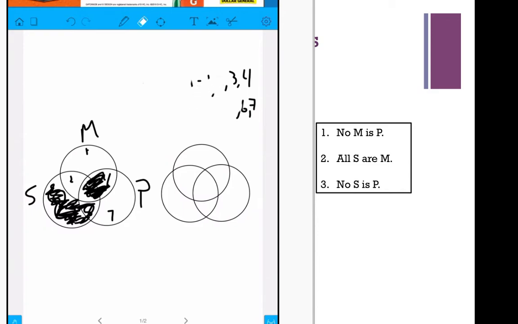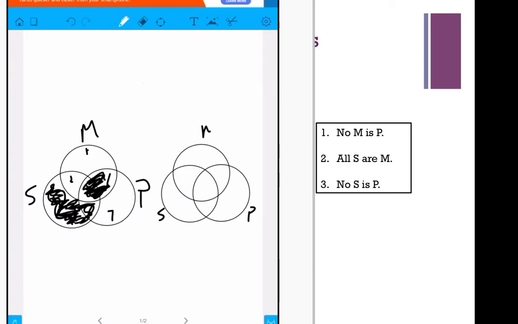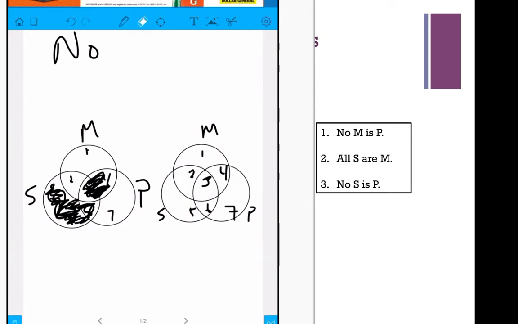All right. And just like before, we're going to put our S here, our P here, and our M here. And then we're going to number 1, 2, 3, 4, 5, 6, 7. And we're saying for the conclusion, no S is P. So we come down here, region S is 2, 3, 5, and 6.